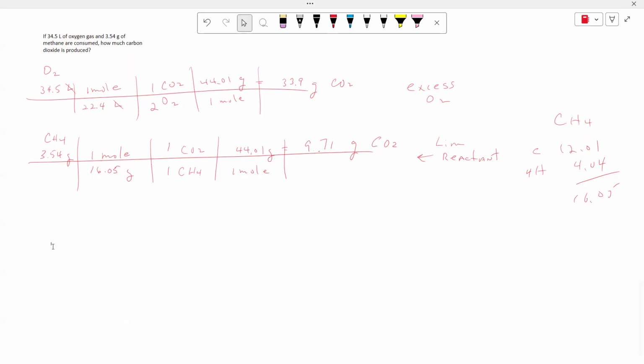Okay, so now we know the limiting reactant. Now the oxygen gas is going to be in excess. So we need to find out with another calculation how much of that oxygen we use. That's the third calculation. So we're going to start with our methane.